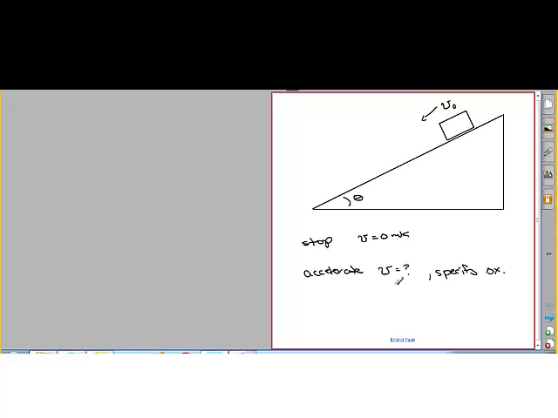It's going to be greater than V0 because it'll be accelerating. So if theta is small, this stops. If it accelerates, you have to calculate velocity, and you specify that.